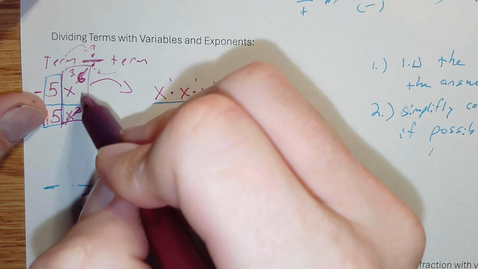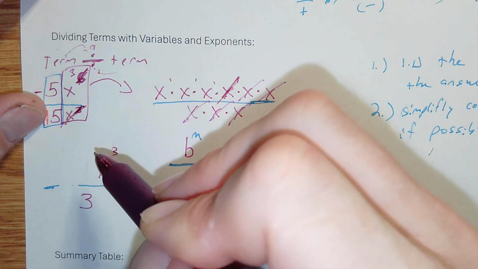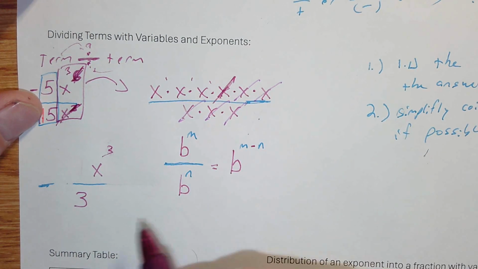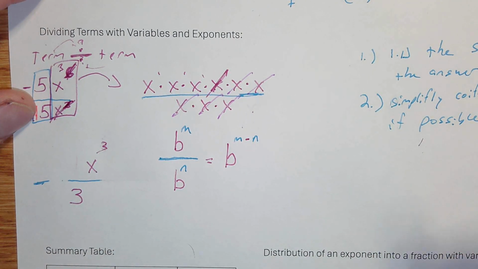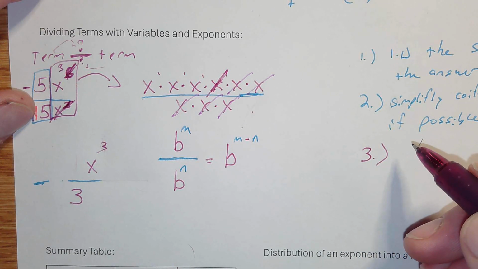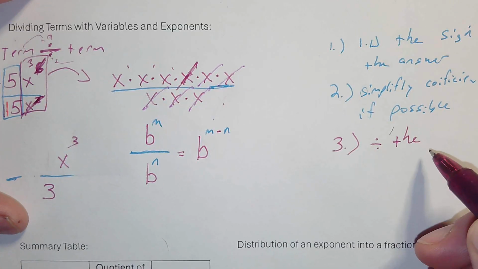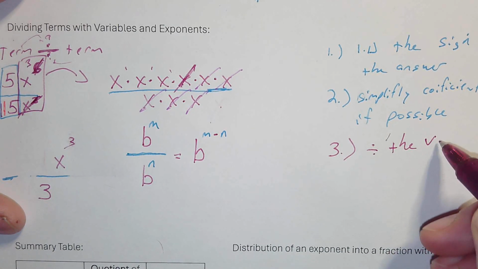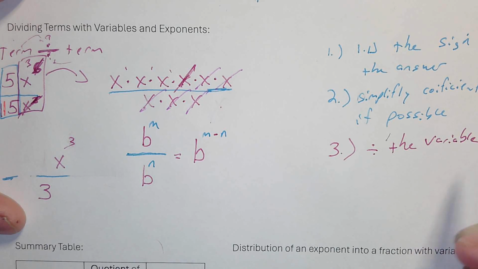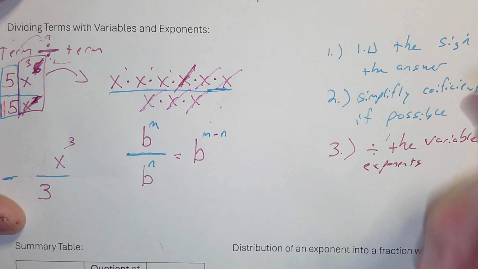You can just go to, okay, this one's going to cancel. This 3 will cancel out 3 of those, so I'm going to have 3 left. So that's where the rule comes from: divide the variable exponents, and we'll subtract.